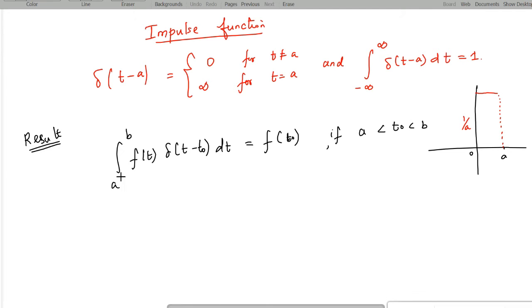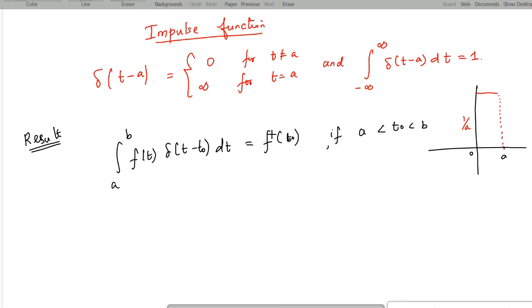So these are the results I am going to use to find the Laplace transform of the unit impulse function. The integral from a to b of f of t del t minus t naught dt equals f of t naught. The t naught should lie in this interval a to b; then only you get f of t naught.